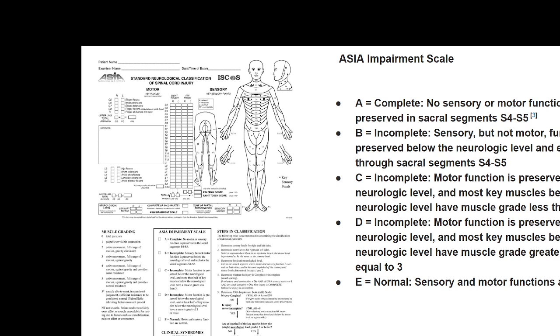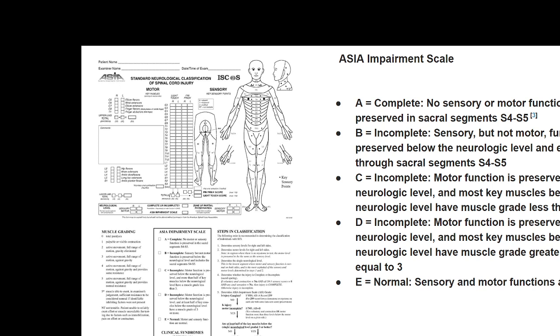A suggests complete loss of continuity of the spinal cord, where no sensory or motor function is preserved in the sacral segments. B is incomplete, where sensory but not motor function is preserved below the neurological level and extends through the sacral segments S4 and S5.